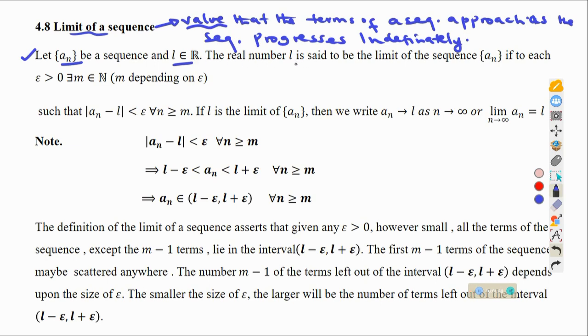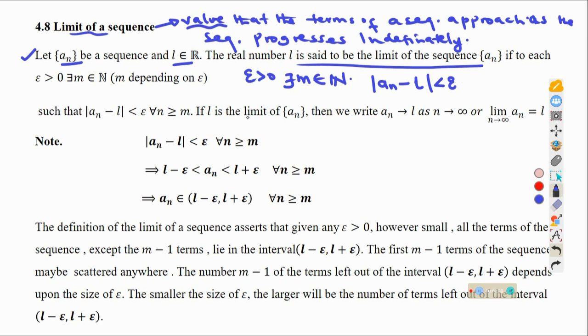So we shall be able to say that L is the limit of a sequence an if you have epsilon greater than 0, epsilon being any positive number, and there exists, for example, m that we pick from the set of natural numbers, such that when you get an, the nth term, and you subtract L, which you are saying is your limit, then this absolute value should be less than epsilon, meaning that the magnitude of the nth term minus L should be less than the chosen epsilon value.